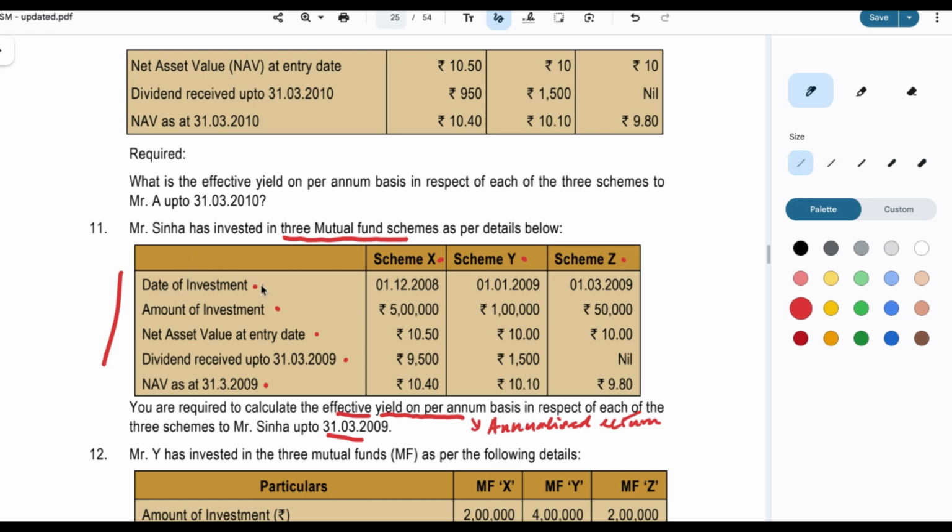Investment date, amount of investment, NAV at entry date, and dividends received up to 31/3/2009, that is dividends, and NAV as at 31/3/2009, this is closing NAV, and this is opening NAV. Okay, so let us start solving the problem.